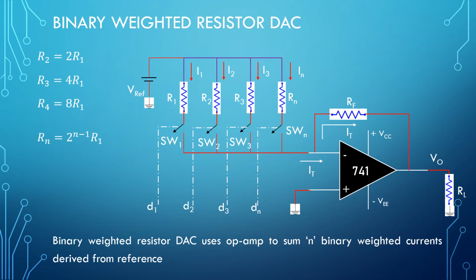So V reference is a DC voltage, and the currents I1, I2, I3 up to IN are flowing through the respective resistors, and IT is the total value of the current. Assuming there is no current flowing into the op-amp, we consider the same current IT, that is the total current, flowing through the resistance RF. And this is also a current to voltage converter, one of the applications we can mention.